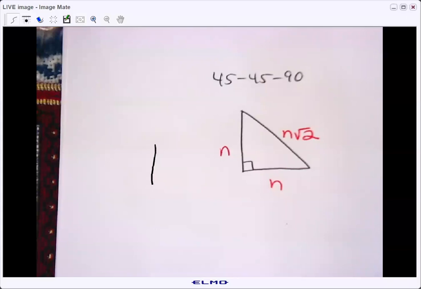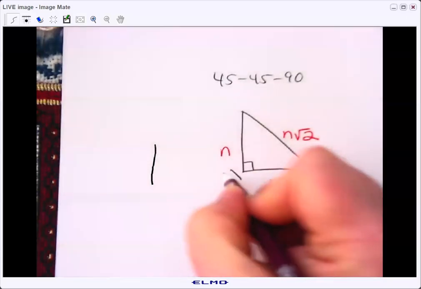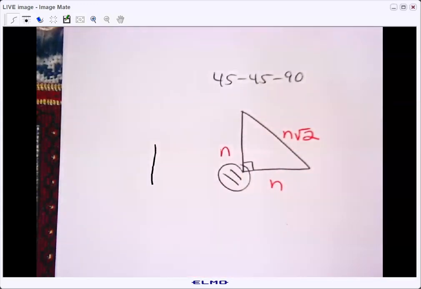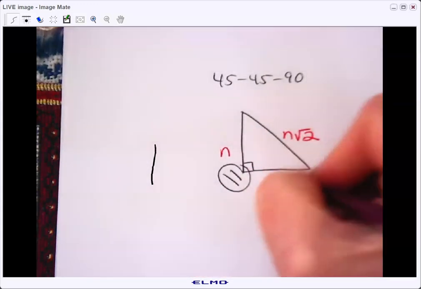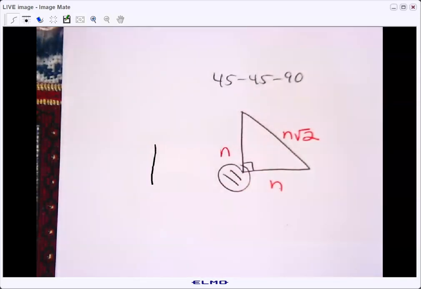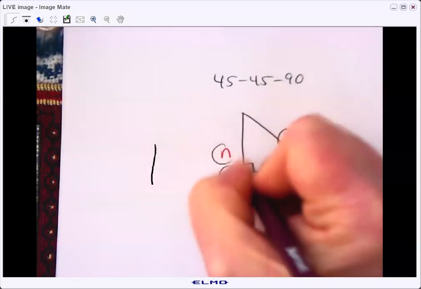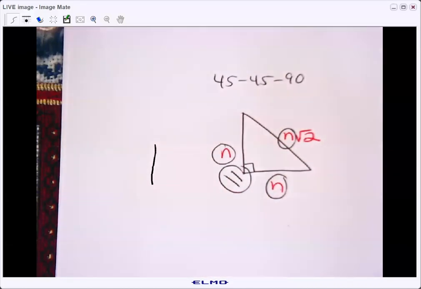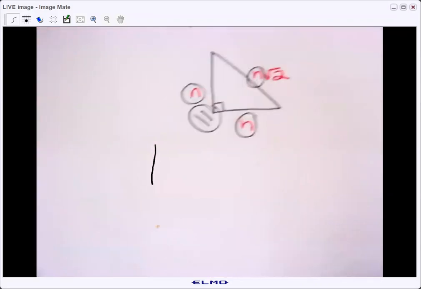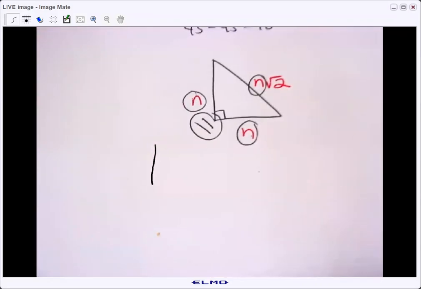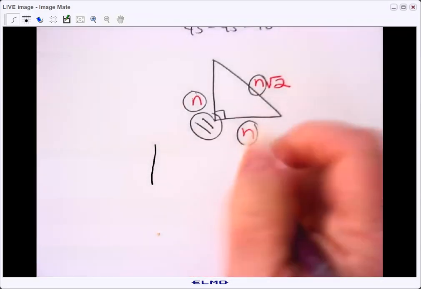Okay, so we know that these 2 sides are exactly equal, but they all share an n. This has an n, this has an n, and that has an n.